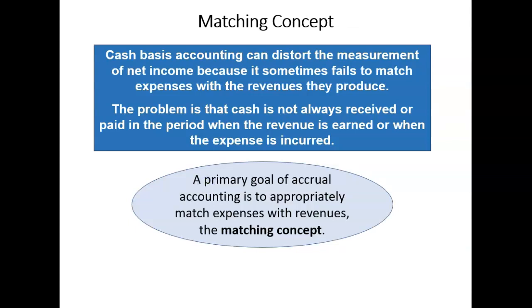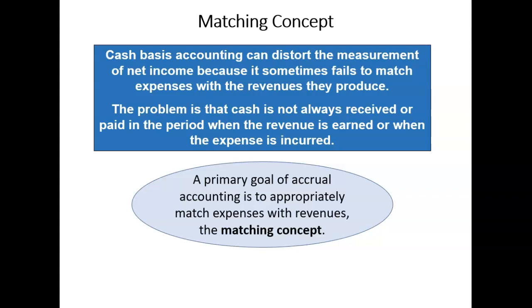Okay? There's a concept called the matching concept that says you want to match revenues and expenses in the same accounting period. So what does that mean? Let's say we're in 2024 and we earn revenue of $100,000.